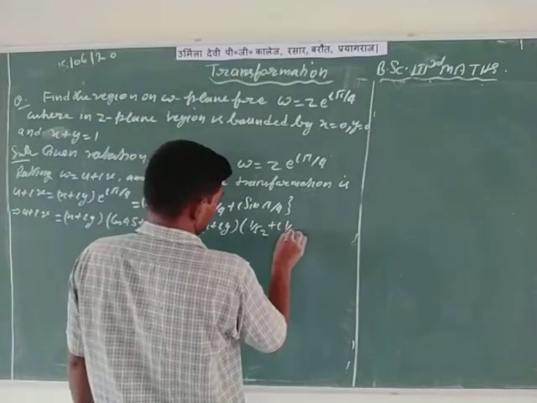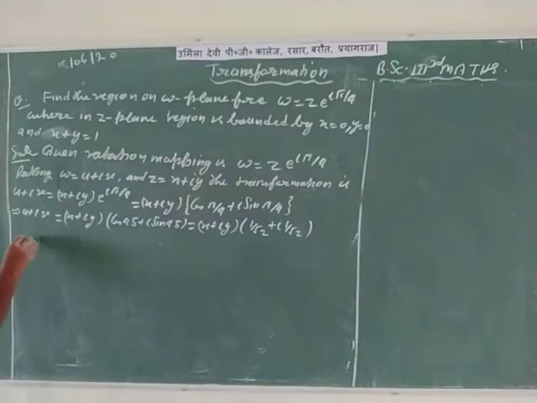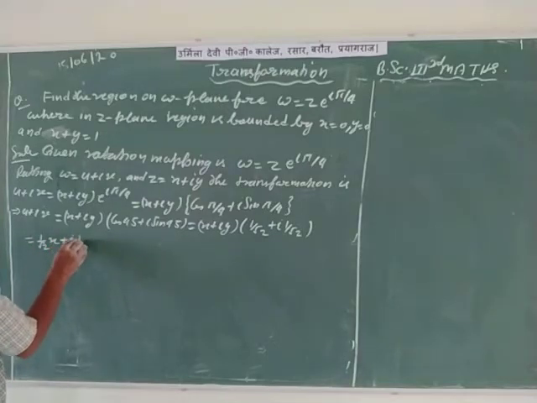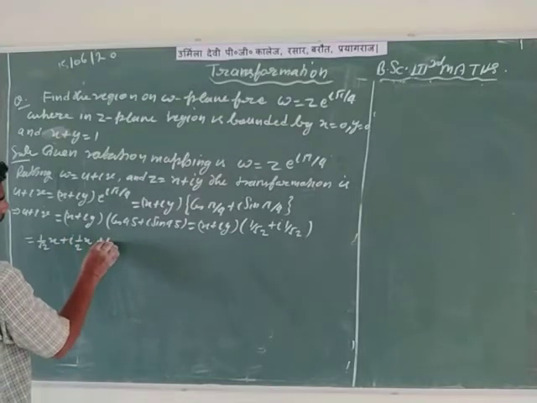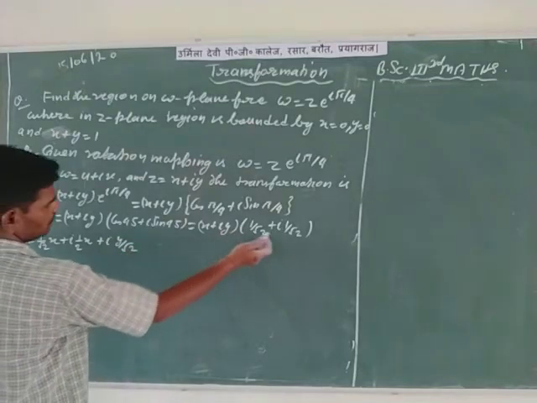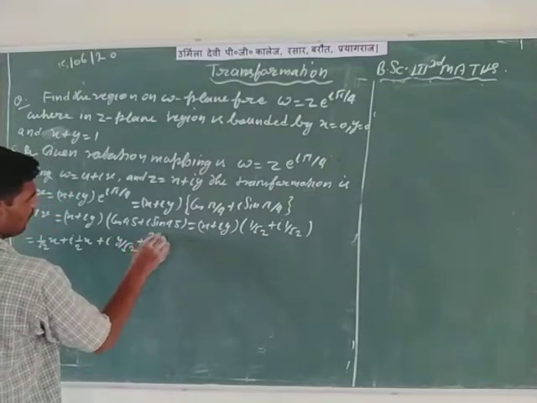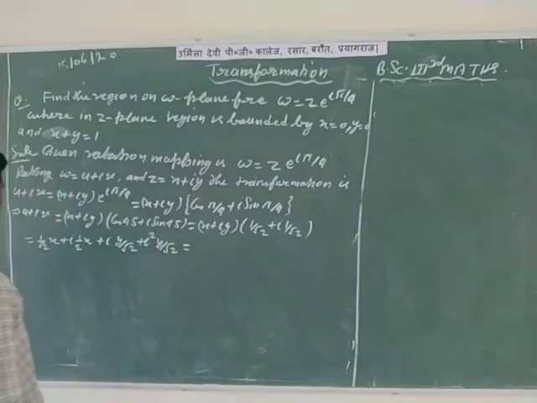So, 1 by under root 2 multiplied by these two brackets is equal to 1 by under root 2 times x plus i times 1 by under root 2 times x plus i times y by under root 2, and i with i is i square, and y by under root 2 times i square, you know that is minus 1.